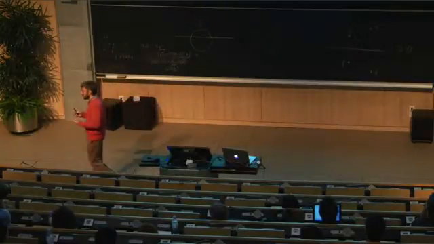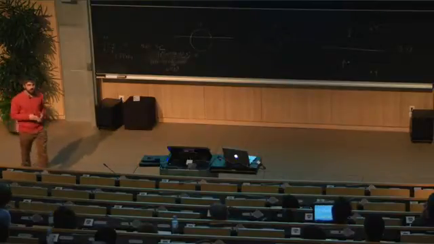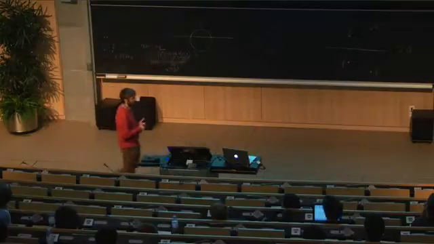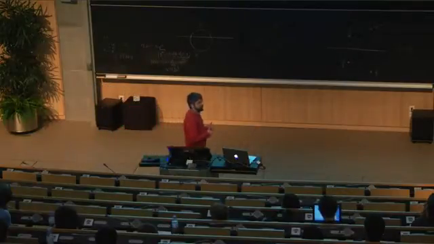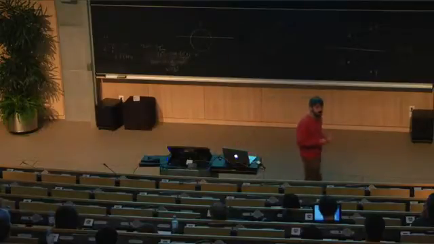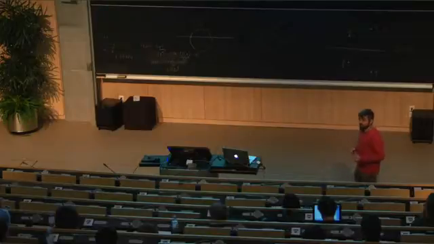What does it mean? It means that I'm considering operators which are symmetric traceless tensors with L indices. But of course, representation theory allows primary operators in conformal field theories with other representation properties under the Lorentz group.